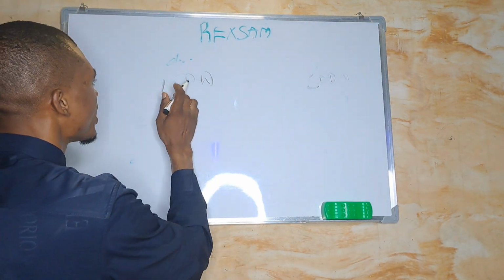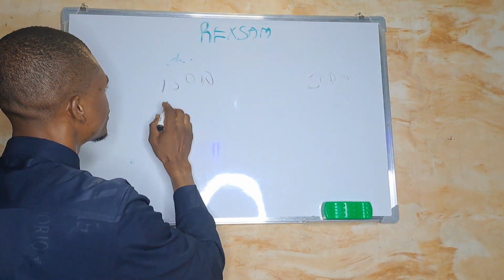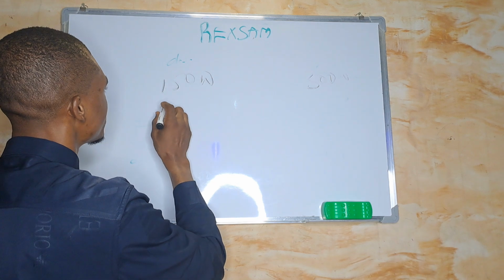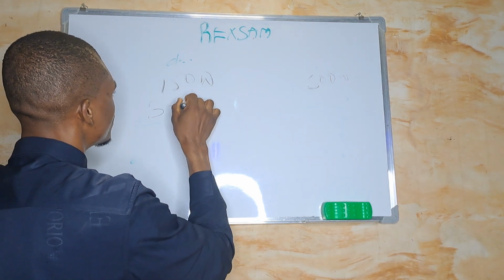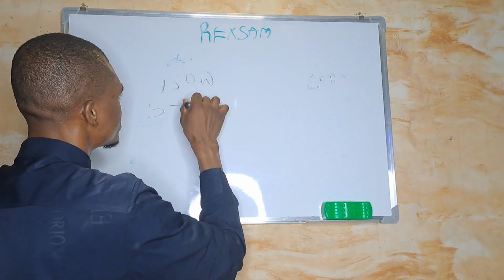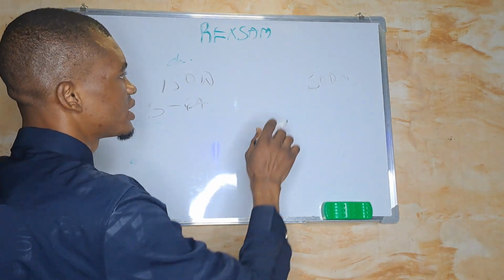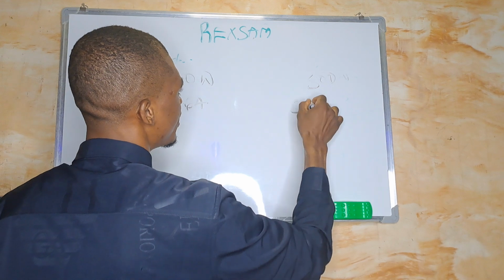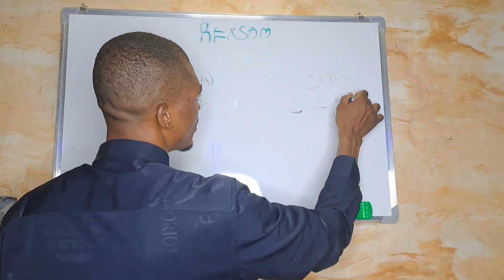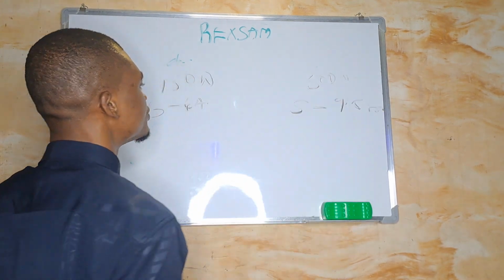Our 150 watts has the tendency of generating 3 to 6 amps, and our 300 watts has the capacity of generating 5 to 9.5 amps.